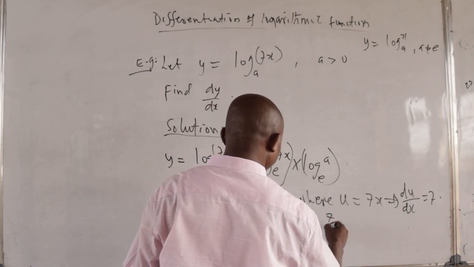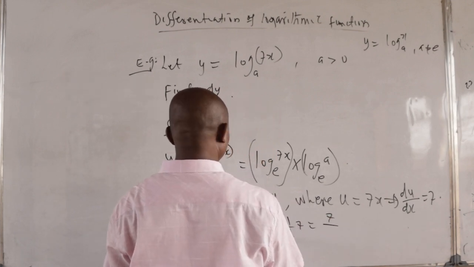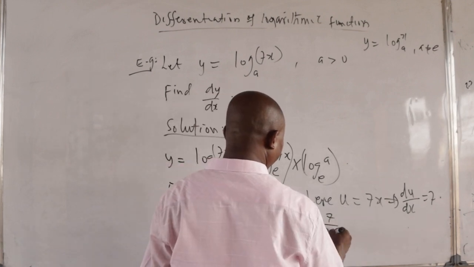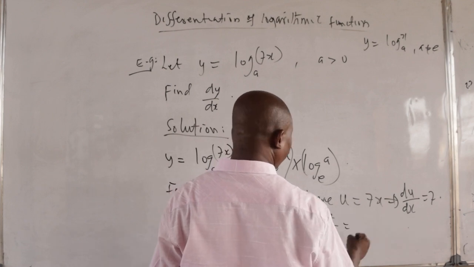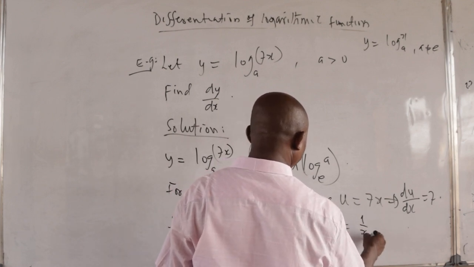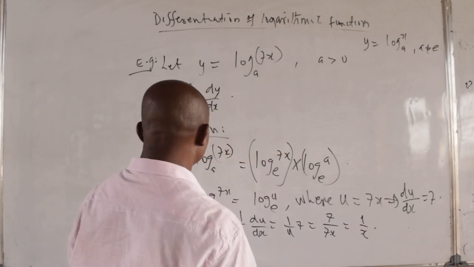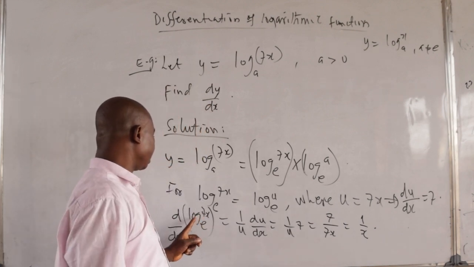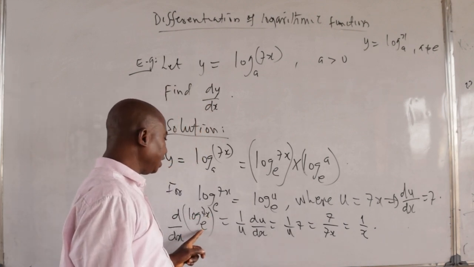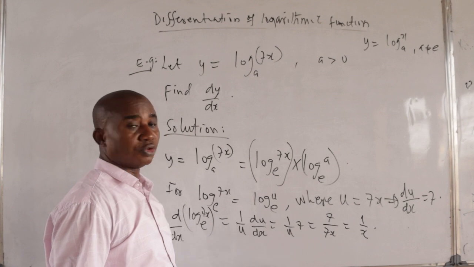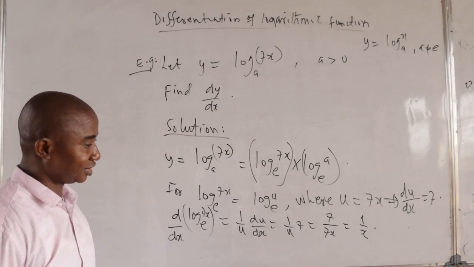And this is nothing but 7 over, our u is who? 7x, and this is nothing but 1 over x. So when you differentiate log of 7x to base e, you end up getting 1 over x. Interesting result at that.